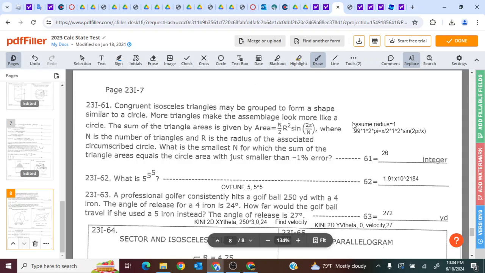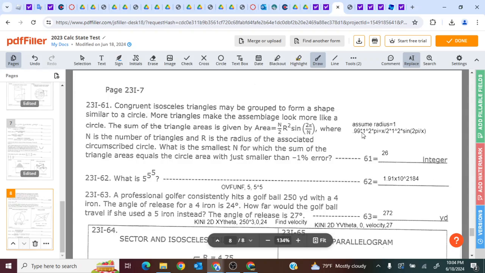In this case, we can assume that the radius does not matter because it is based on percentage of the total area, which is all based on r squared times constants. So you can assume the radius is 1.